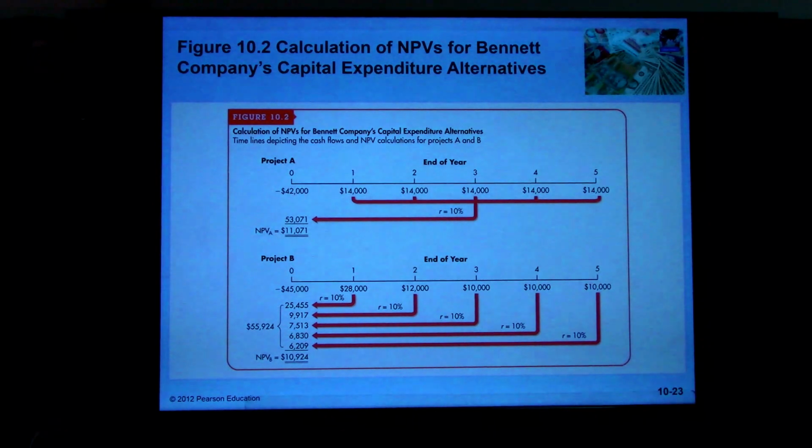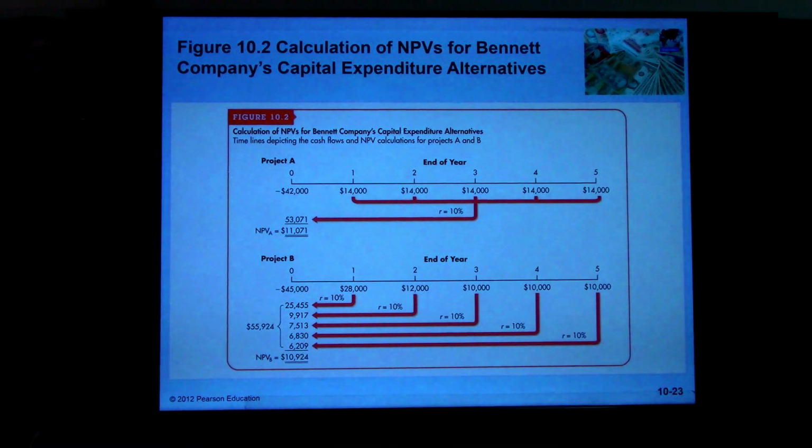First we determine NPV for project A. NPV is equal to the PV of cash inflows minus the PV of cash outflows, which is the initial investment. In this case, NPV is equal to 11,071. The same for project B.